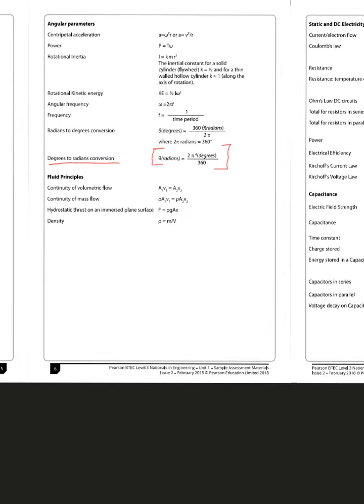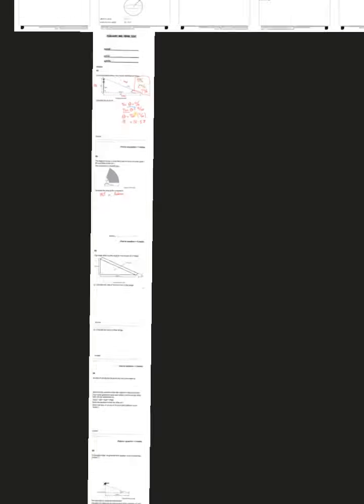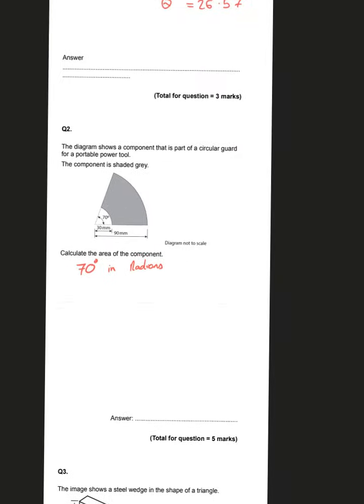So to convert degrees to radians, multiply your angle by 2 pi and divide it by 360. Okay, so by 2 pi over 360 is how we convert degrees into radians.